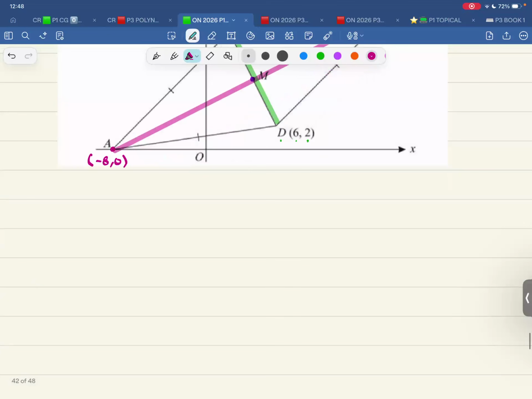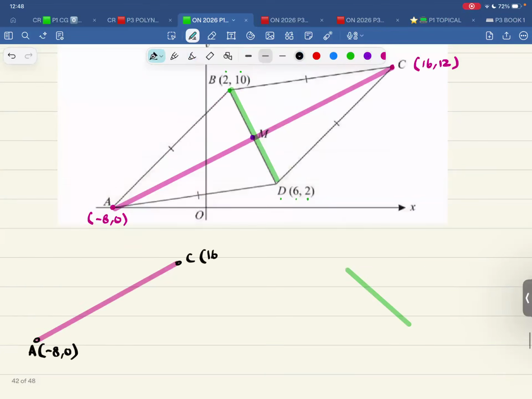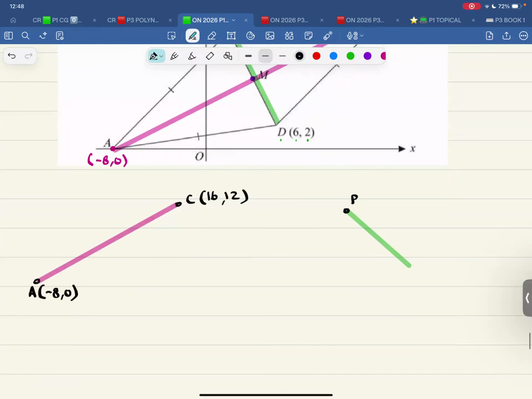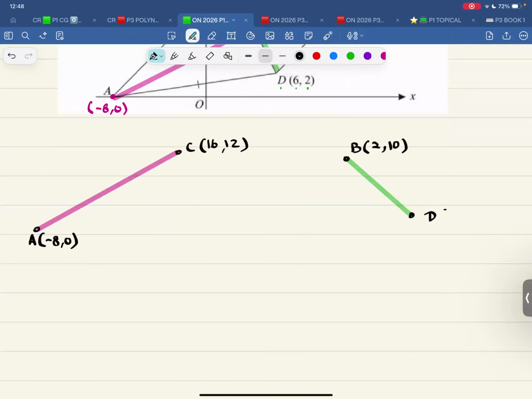And let me calculate the gradient of these. Over here, this is A, negative 8, 0, and this is C, 16, 12. This over here is B, 2, comma 10. It's not drawn to scale, neither does it have to be. And D is 6, comma 2.